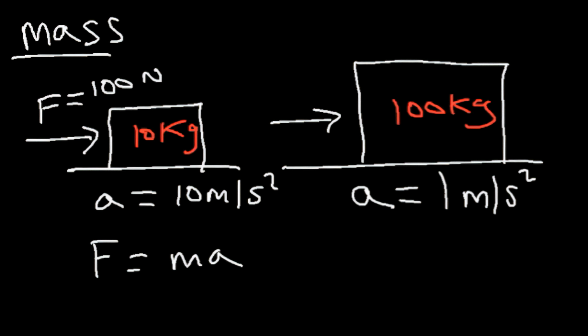The smaller box, which is lighter, will experience a larger acceleration, and so it's going to move faster. So the larger object has more inertia, and so it has a greater resistance to any change in its state of motion. So inertia and mass are related. As mass increases, inertia increases, and it's harder to move the object. And so that's the main idea behind inertia. It's the natural tendency of an object to resist changes in its motion.